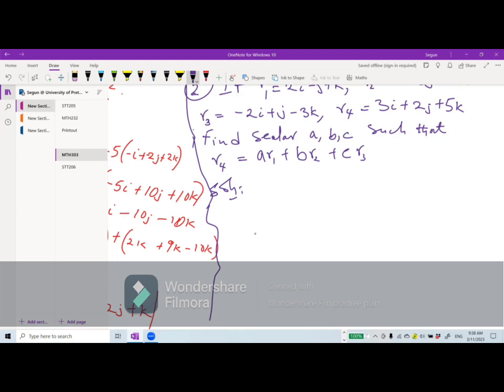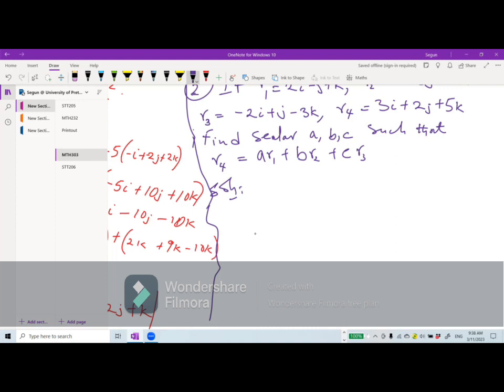Put them there, open the bracket, then solve it simultaneously. You find a, b, c. They are called your unknowns. If you are able to prove that, that shows it's linearly dependent on R1, R2, R3. So let's go ahead and see how we can solve this problem.